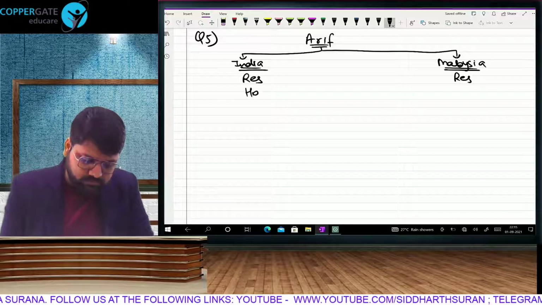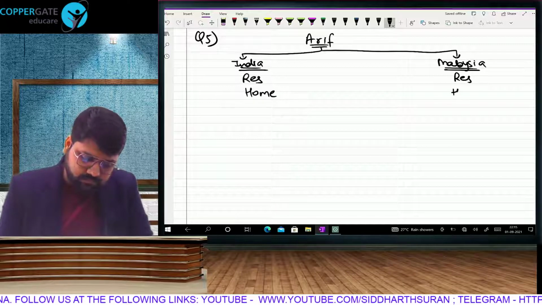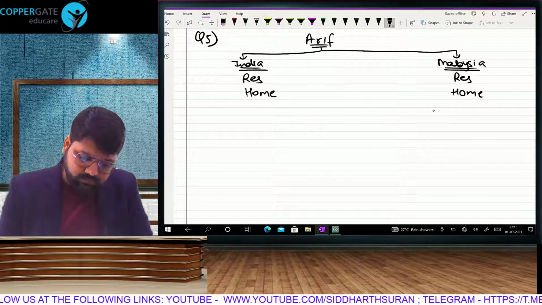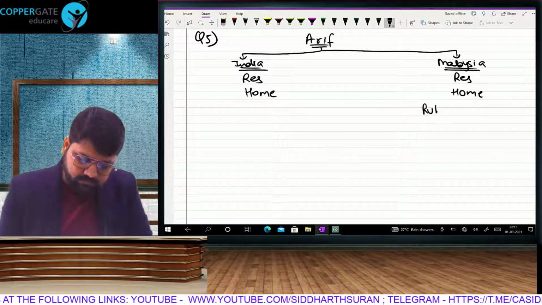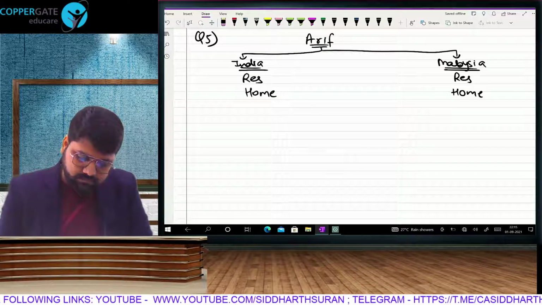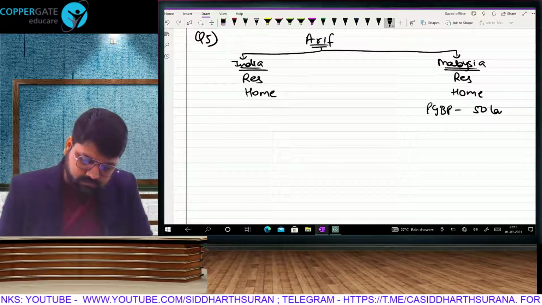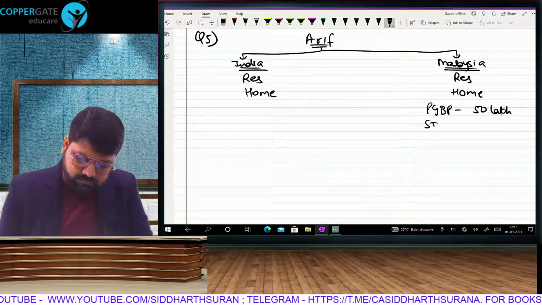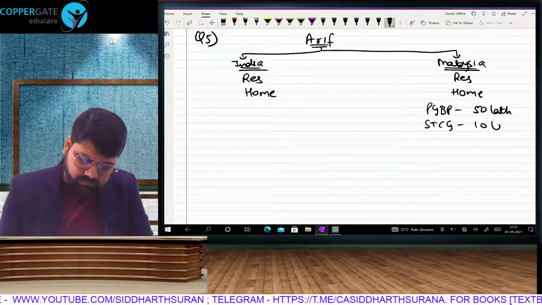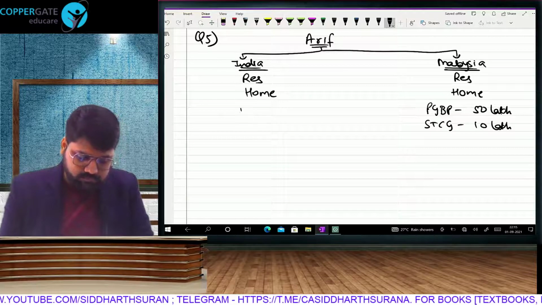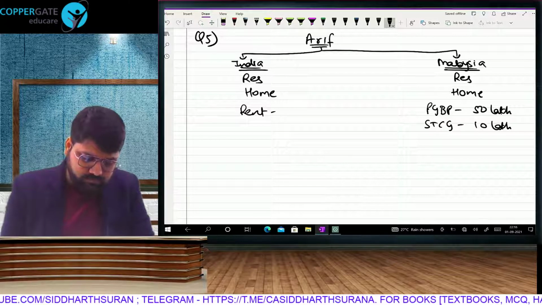He has sold the property in Malaysia, resulting in a short-term capital gain of 10 lakhs during the year. Arif has no permanent establishment of business in India. However, he has derived rental income of 6 lakhs from property rented out in India, and he has a house in Lucknow where he stays during his visit to India.